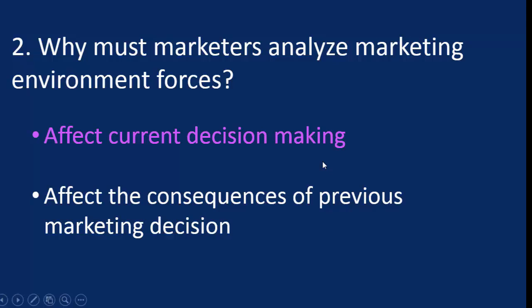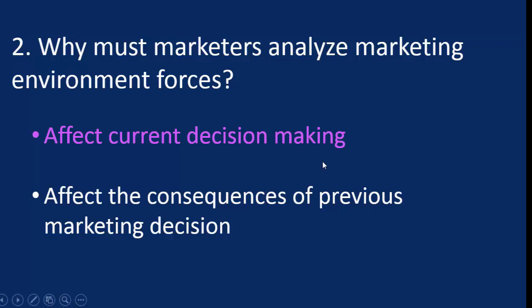That is competition, technology, laws, sociocultural forces, and so forth. These all are having an impact on decisions that are being made today. And so that's one reason that we need to have an understanding, to the extent that we can, about the potential effects of these marketing environment variables.